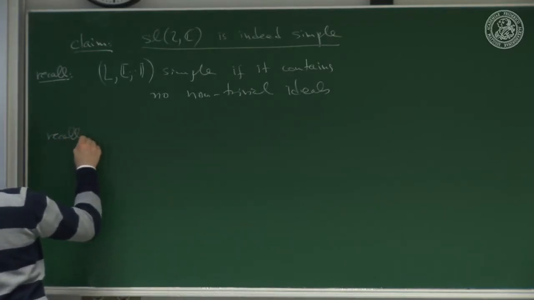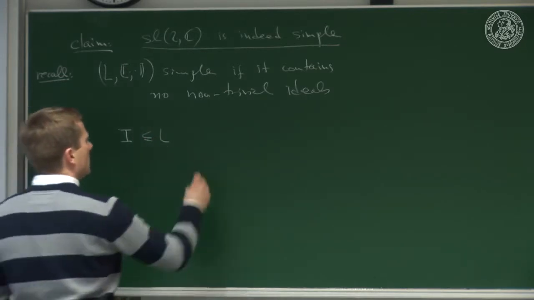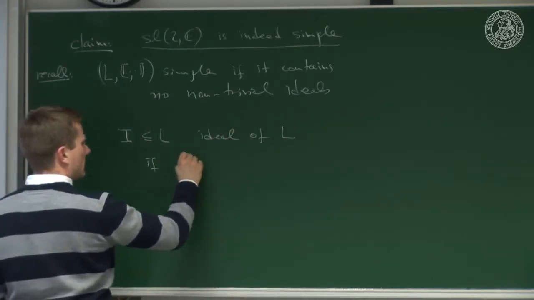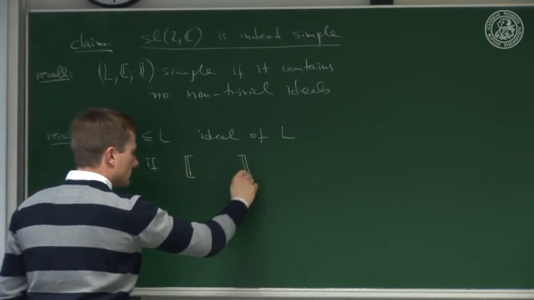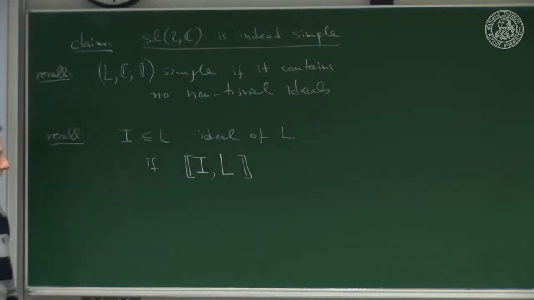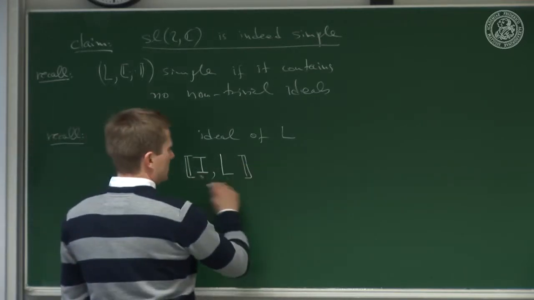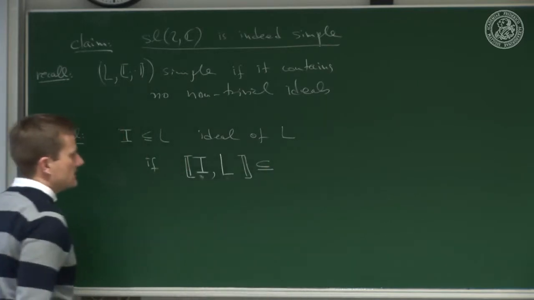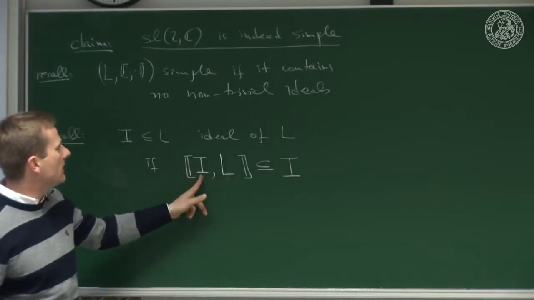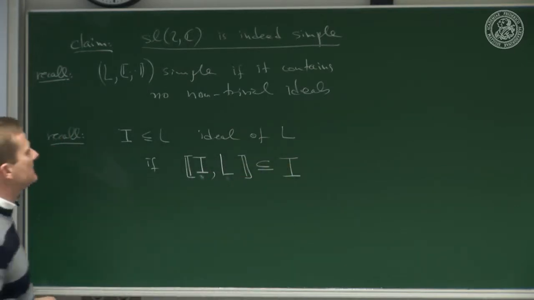So we also recall, I being a vector subspace of L is an ideal of the Lie algebra L if, now this is a symbolic notation, if you take any element of L and you take the bracket with any element of I, that's obviously a set if I denote it like this, and if the result again lies in I. So if the elements in I are so strong, you can think, that even if bracketed with an L, you do not land outside I. You stay within I. That's an ideal.